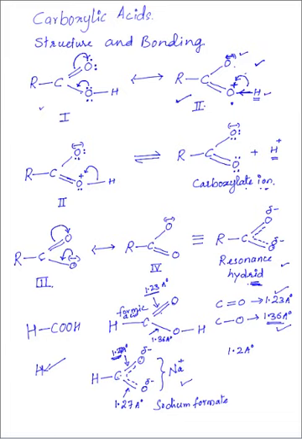The stability of carboxylate ion can also be explained on the basis of molecular orbital structure. So we can see the structure of the molecular orbital: R, C, single bond O, and this is single bond O. Here the carbon in the carboxylate ion is sp2 hybridized, so it has 3 sp2 hybrid orbitals.